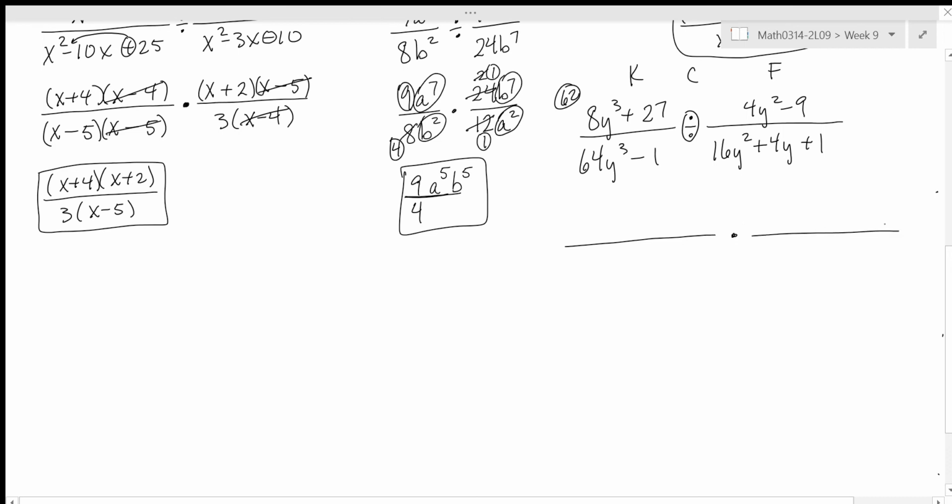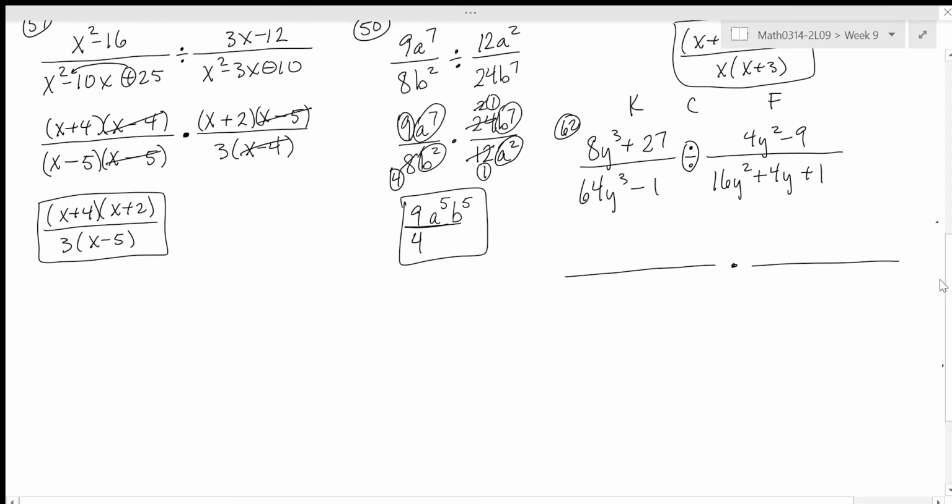Now, if you look at the first numerator, can you tell me what that is? Cubic thingies, okay? But it is the what? Sum of two cubes. Sum of two cubes. And since it's the sum of two cubes, I'm going to need to write out what the cubes are.